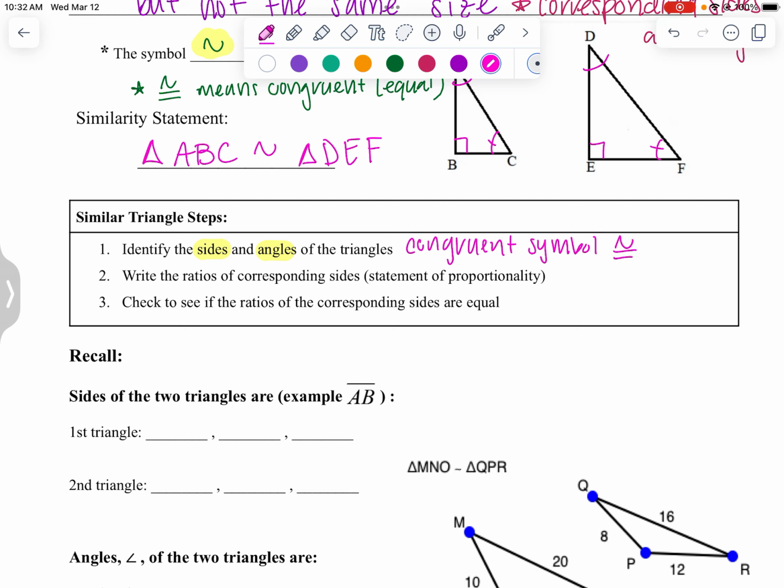The second step is to write a statement of proportionality. This one has no numbers, only letters. And then the third step is to check to see if our ratios, or our fractions, are equal.